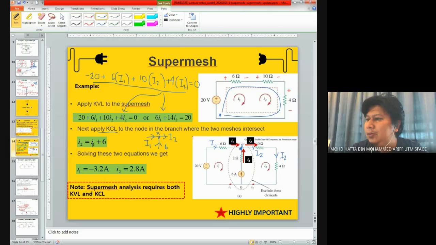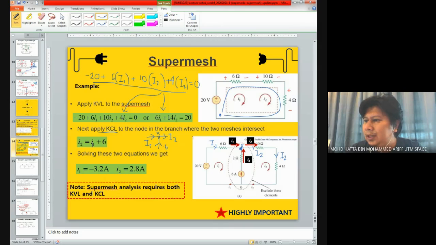Okay, maybe you were wondering what happened to this 2 ohm resistor. I just neglect it because it is the same current flowing through this line or this branch and towards the X node or the supernode.